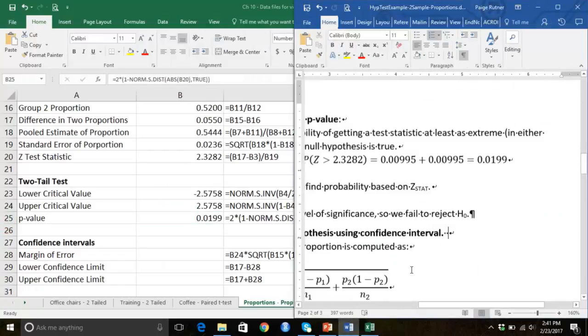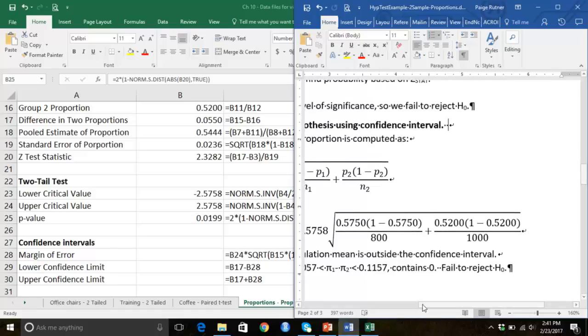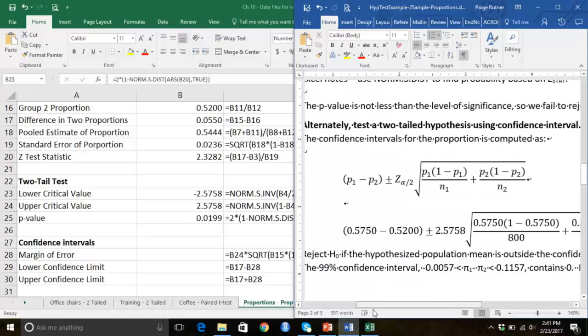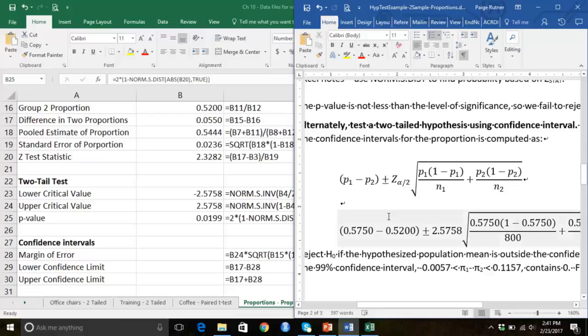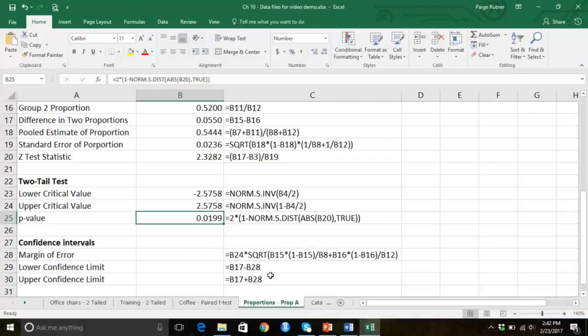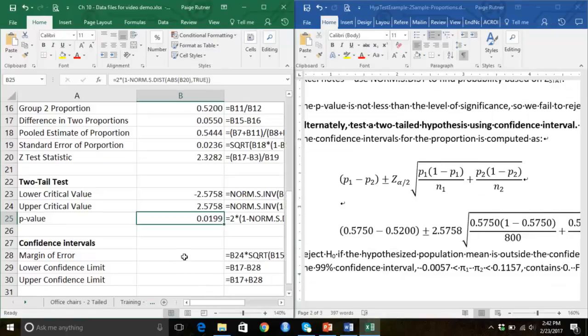And let me go ahead and get that formula showing in the Word document, because I think that's the one where we can see it the easiest. And so I want to go ahead and compute margin of error. And my margin of error is going to be the z-score that I've already looked up, and this is my critical value of z, times the square root of the term you see here. I'm feeling fairly ambitious here. Let's see if we can't build this whole thing at once without making any little syntax mistakes.